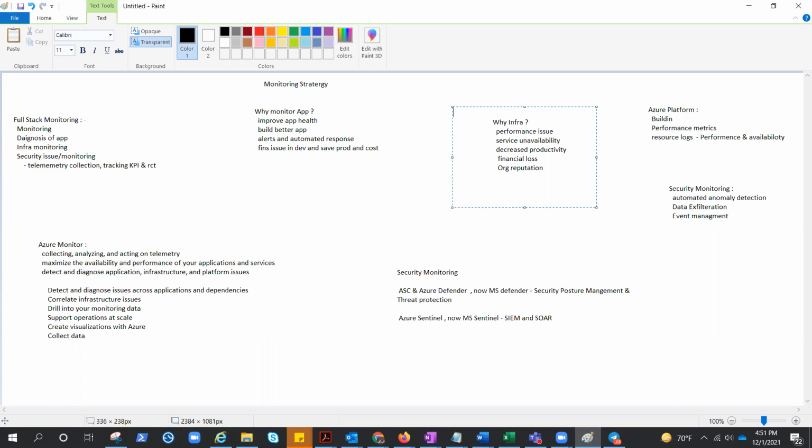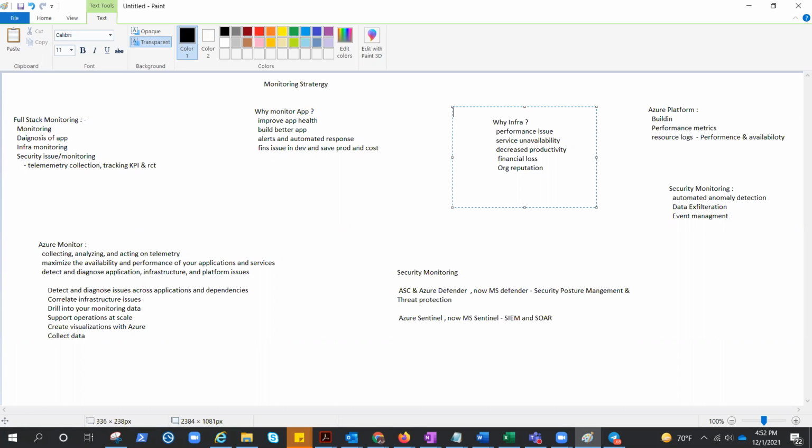You might have to deal with performance issues or problems that could render your services unreachable, unavailability of your infrastructure. Any of these issues can result in decreased productivity, financial loss, or damage to your organization's reputation. Again, we're talking about almost the same things: performance, availability, financial loss, and the organization's reputation.